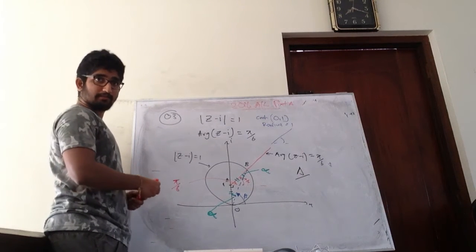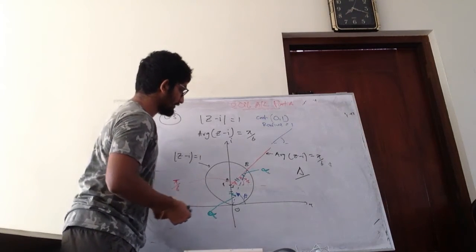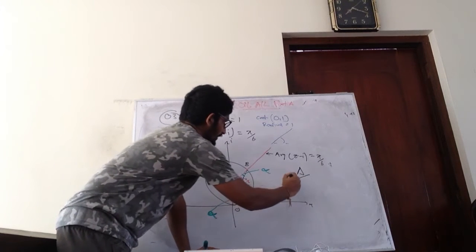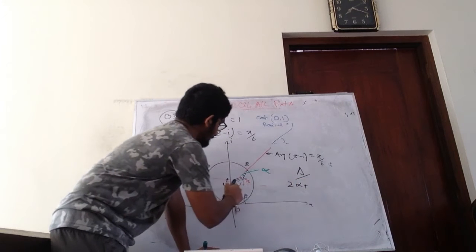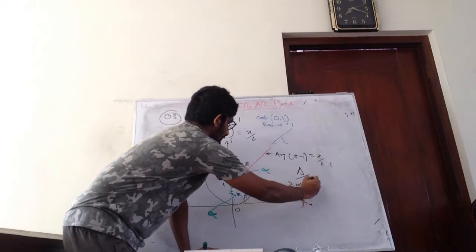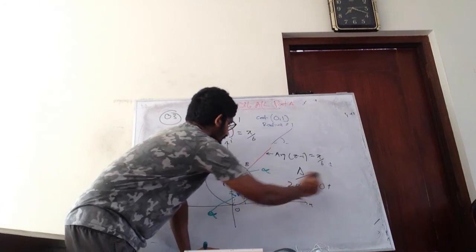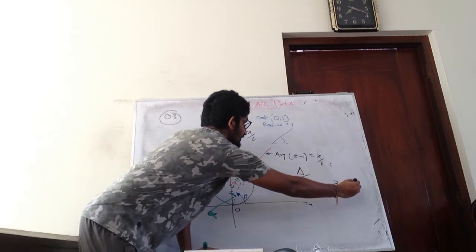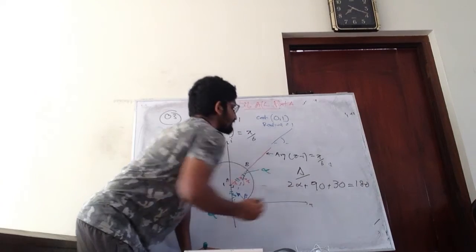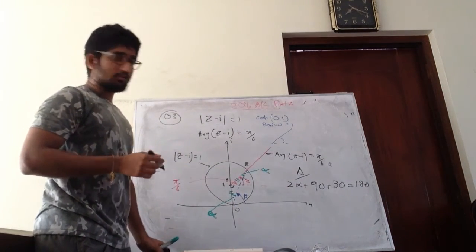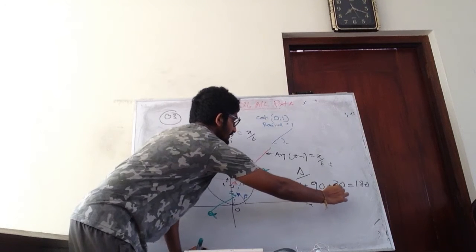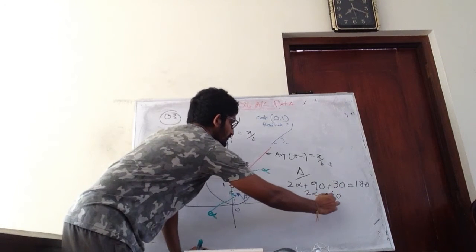So in the triangle we can say that 2 alpha plus 90 plus 30, which is 5 over 6, is going to be equal to 180. So 2 alpha is going to be 60, and alpha is going to be 30.